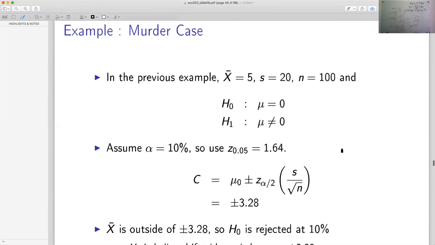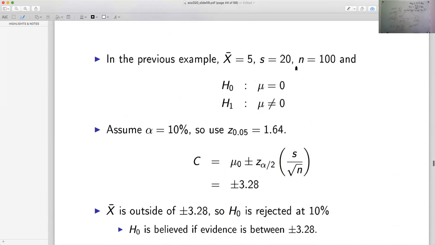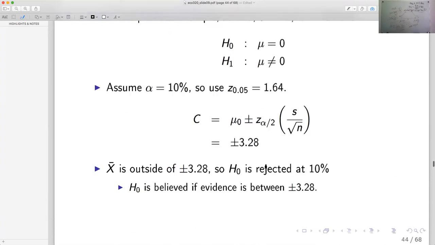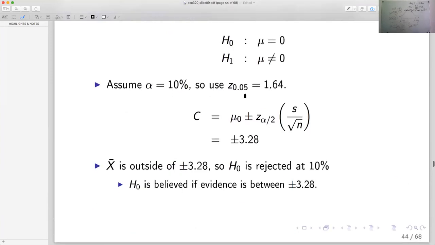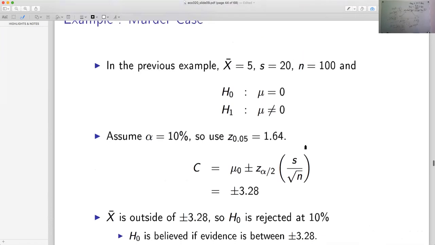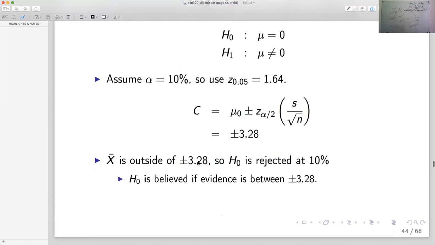So let's look at some examples. x bar is 5, s equals 20, n equals 100, and alpha equals 10%. The corresponding z value, z alpha over 2, which is z 0.05, is 1.64. So the critical value would be mu naught plus minus this, and mu naught equals 0 in our case. So z alpha, which is 1.64, times s equals 20 over square root of n. This is this range.